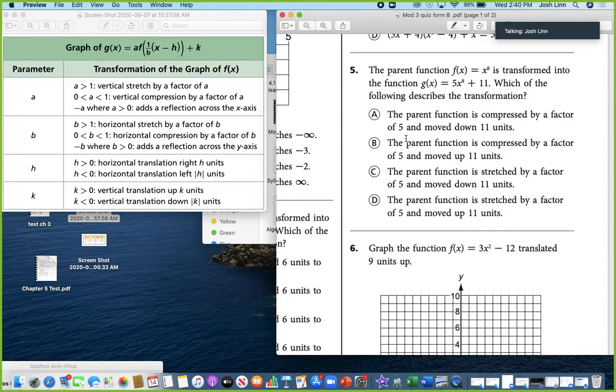First, we have the x to the 8th. Then we multiply just the x to the 8th by the 5.